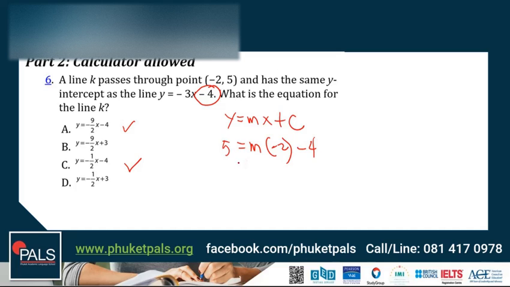Solving the equation, we've got negative 2m equals 9, m equals negative 9 over 2. So the answer is letter A, because the slope is negative 9 over 2 and the y-intercept is negative 4.